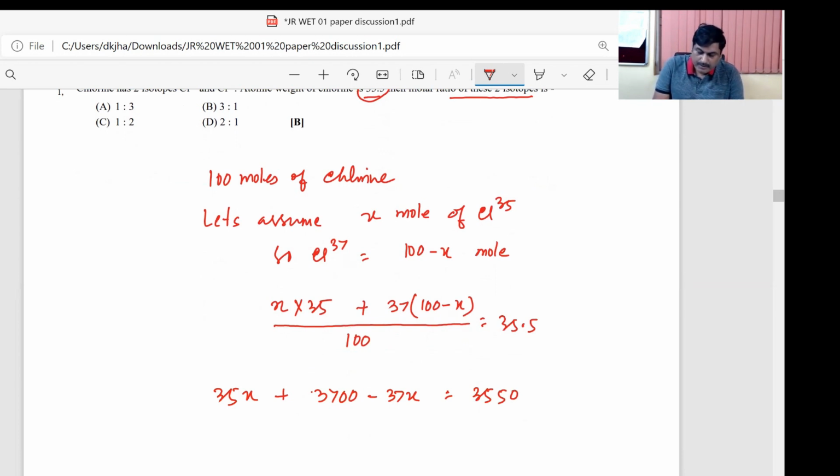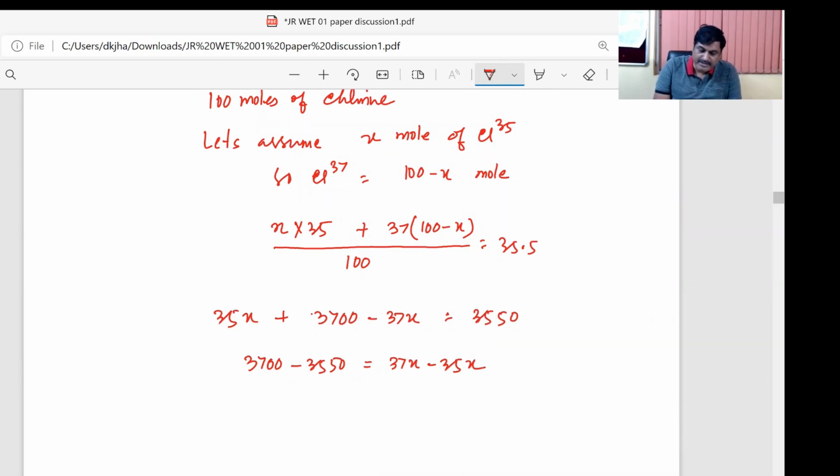Okay, so we will take here 3700 minus 3550 is equal to 37x minus 35x, correct? So 3700 minus 3550, please tell me.